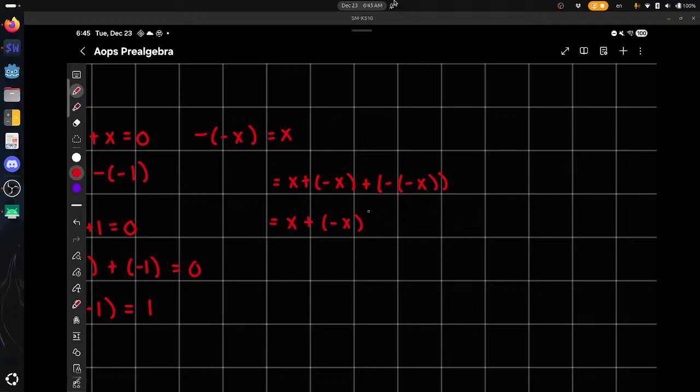If we take this, group this first, and do double negation, then we know that this is just 0 plus double negation, and that gives us 0 plus x, so that equals x. Now let's see what they did.